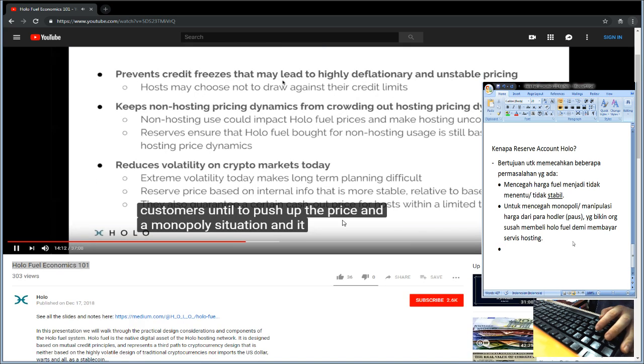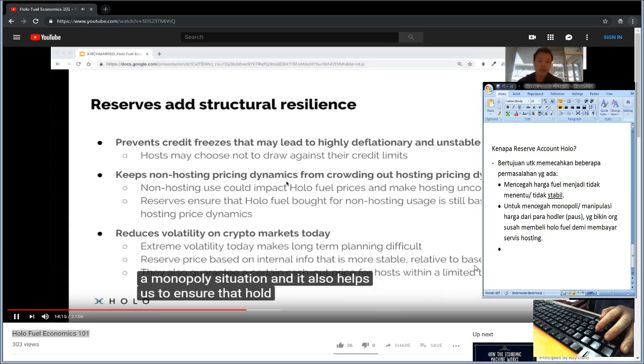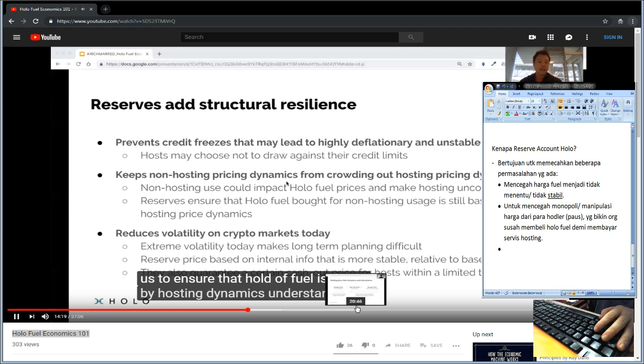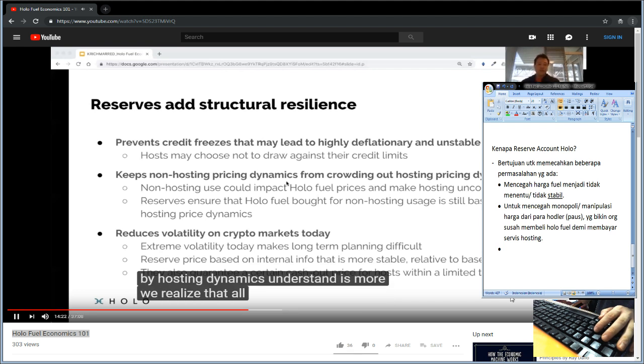It also helps us to ensure that Holo Fuel is driven by hosting dynamics. To understand this more, realize that although reserves allow anyone to buy Holo Fuel for any need, including non-hosting needs, the supply of Holo Fuel, and therefore the supply of Holo Fuel can adjust to non-hosting usage.